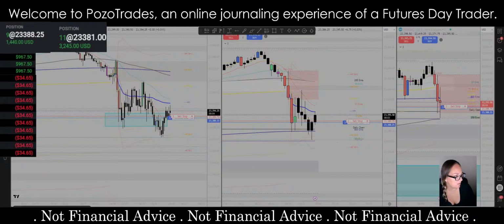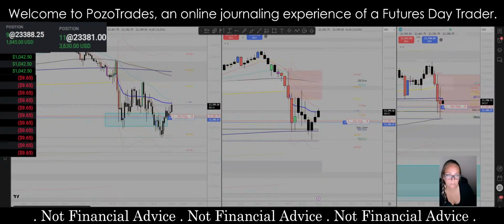This is also the daily VWAP I was talking about. New 5-minute candle. See what it does. If we get a straight rise, that would be great.